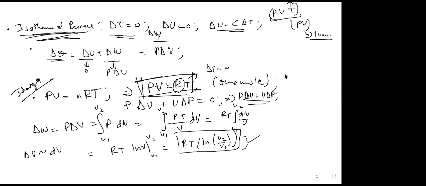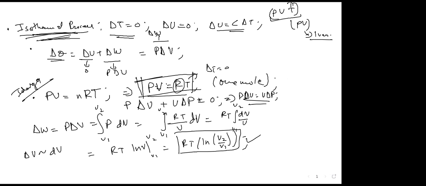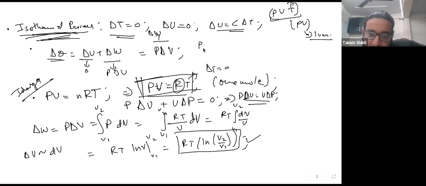So it can be written as RT ln P2 by P1 also, no? Initially your state was P1 V1 equal to RT, and P2 V2 equal to RT.